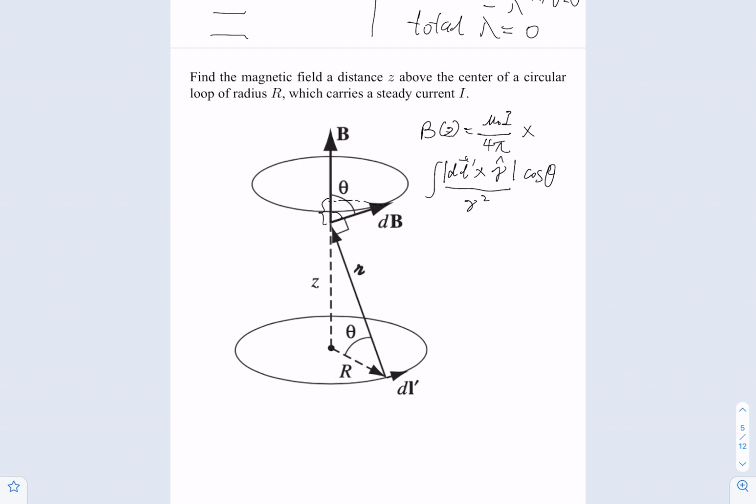So what we have is simply dl over separation vector squared and cosine theta.